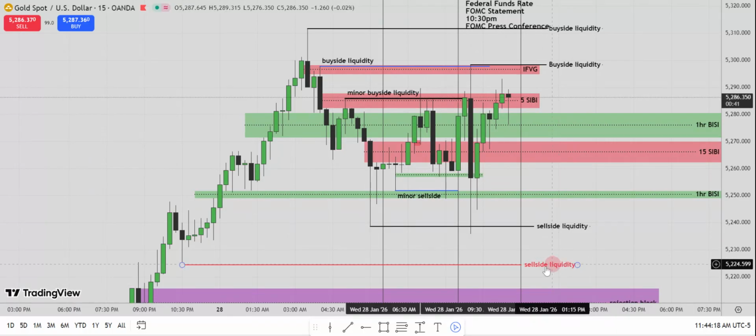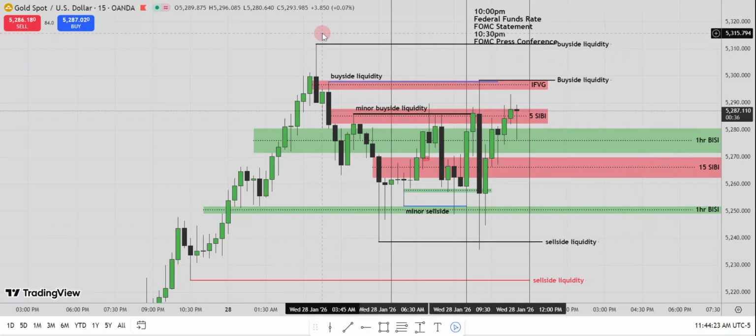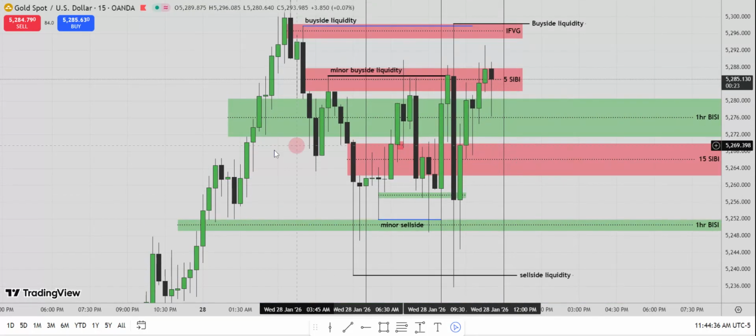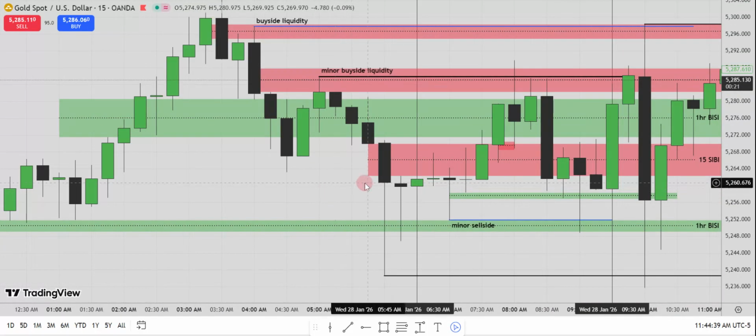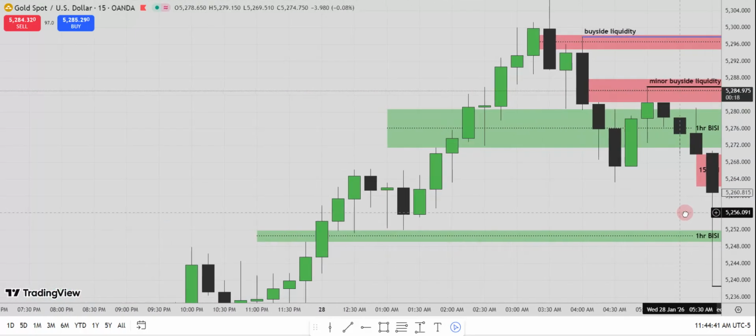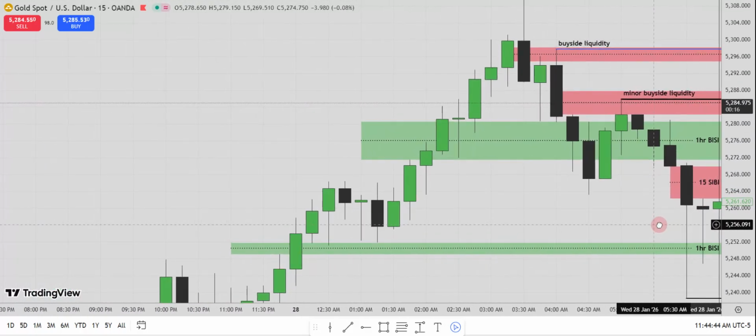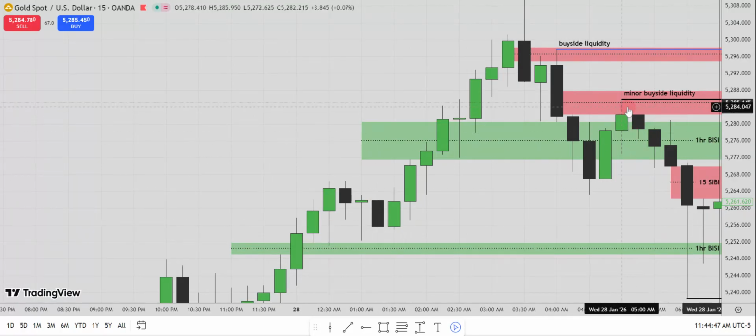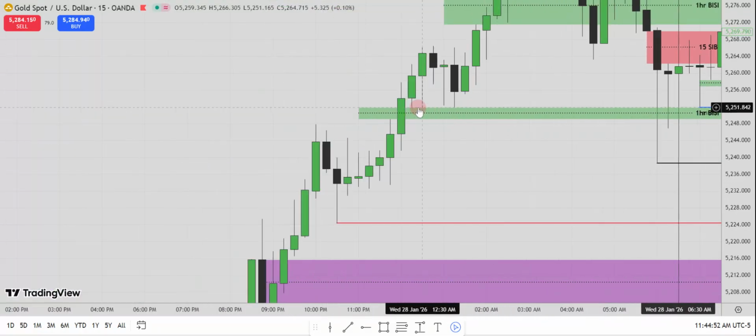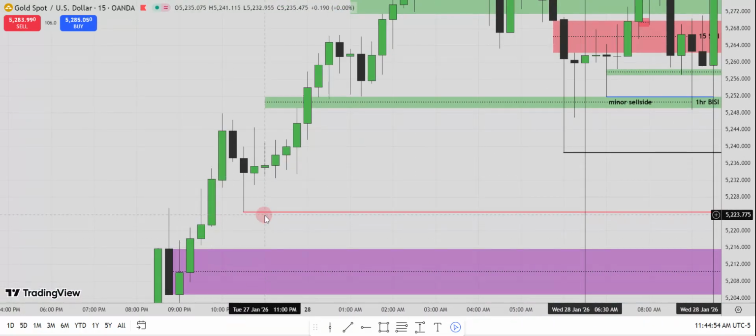I have this sell side liquidity here. I also have another sell side liquidity here. I have this buy side, which is the all-time highs. Remember, gold has been bullish. I also have this minor buy side here and this minor buy side here. Assuming that we just got to the chart at 7, I would have marked out this liquidity, this one here, and this one here.